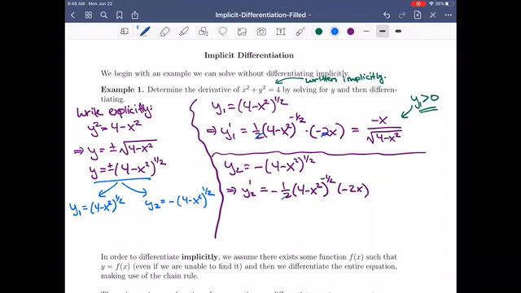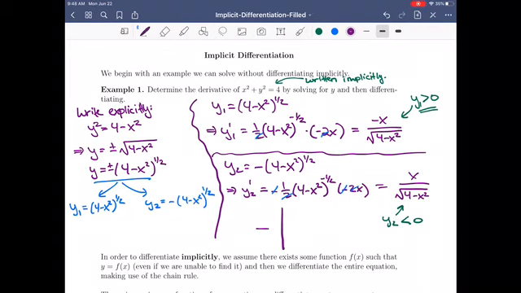So here the 2's go away, but also the negatives go away, and I end up with x over the square root of 4 minus x squared. Okay, now again, here my y2's are less than 0. So these are negative y2's. So I get two different formulas for the slope depending on where my point is on the circle.